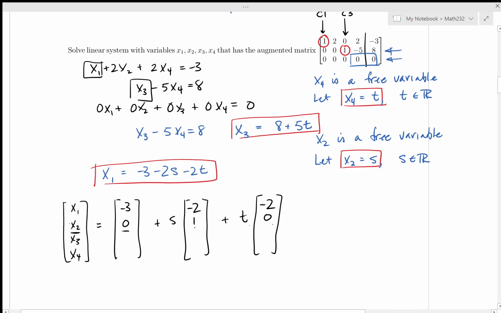Okay, how about x3? x3 is 8 with no s's and 5 t's. And how about x4? x4 is 0, 0, and 1 because x4 is t.